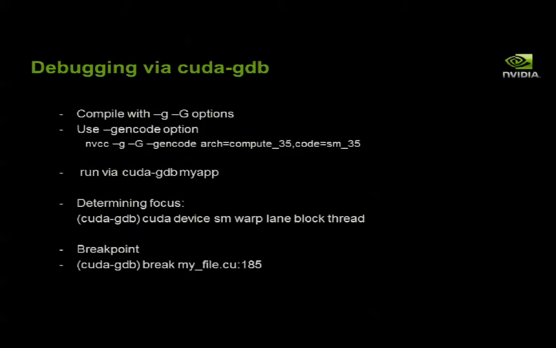This will just print out what the current focus is, and by default it goes to thread 0 in warp 0 in block 0 on SM 0, so all at zeros. But by just providing thread 42, you can put your focus now on one specific thread. And you can set your breakpoints. So you can go all the way to monitoring individual threads and walk through the application.